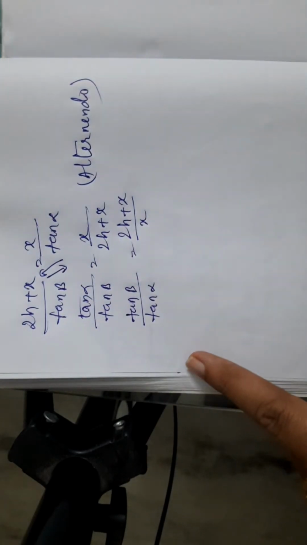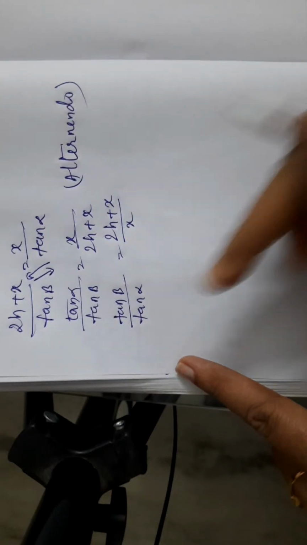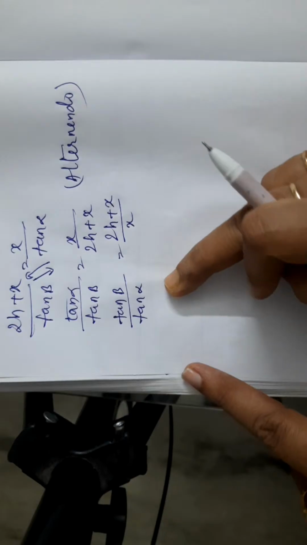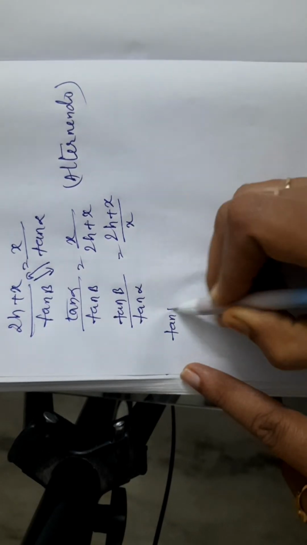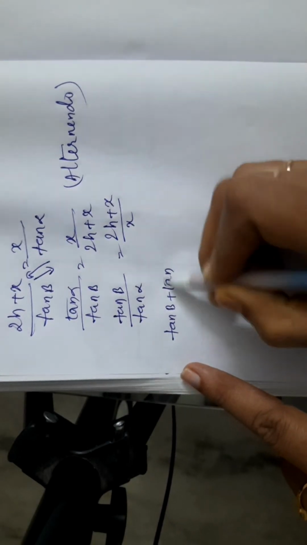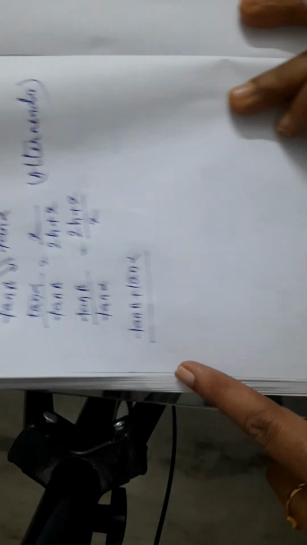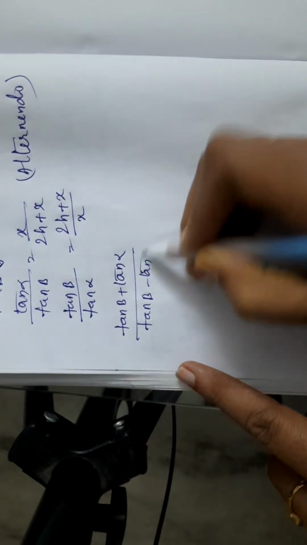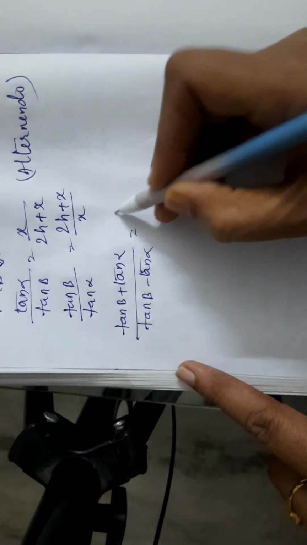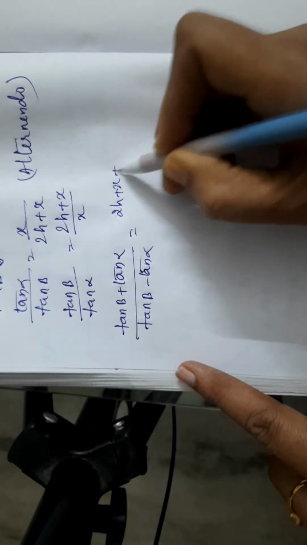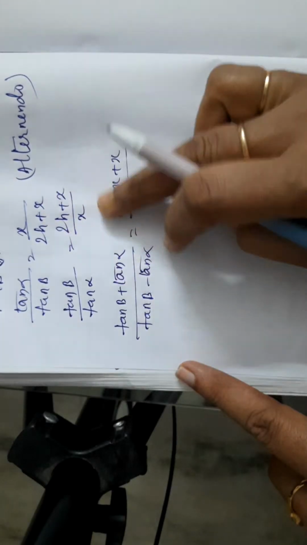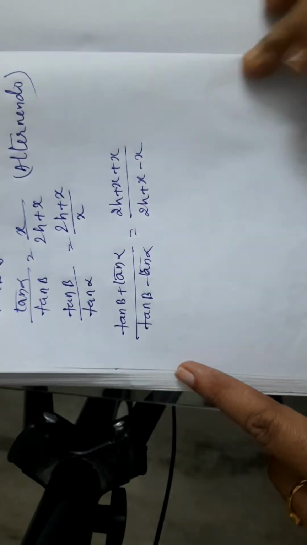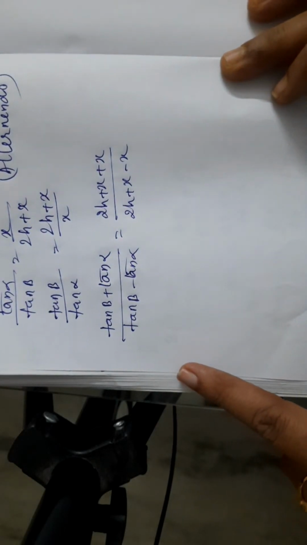The next step is called componendo dividendo, meaning once we add the values, once we subtract them. So tan beta plus tan alpha upon tan beta minus tan alpha, and in the same way 2h plus x plus x, upon 2h plus x minus x.